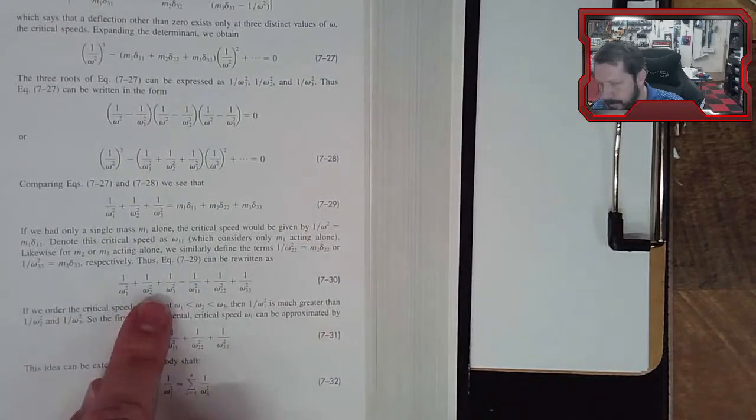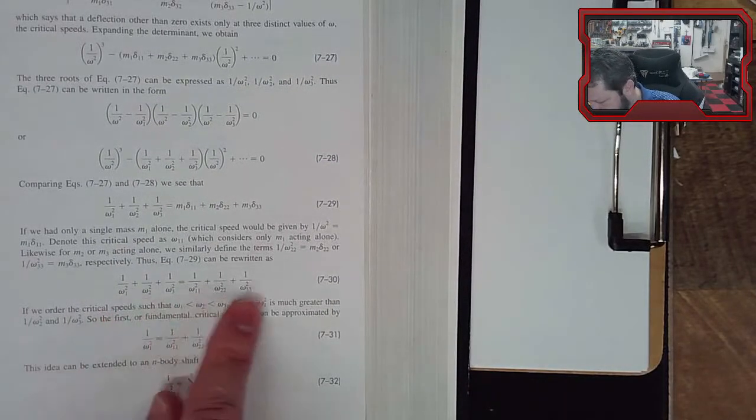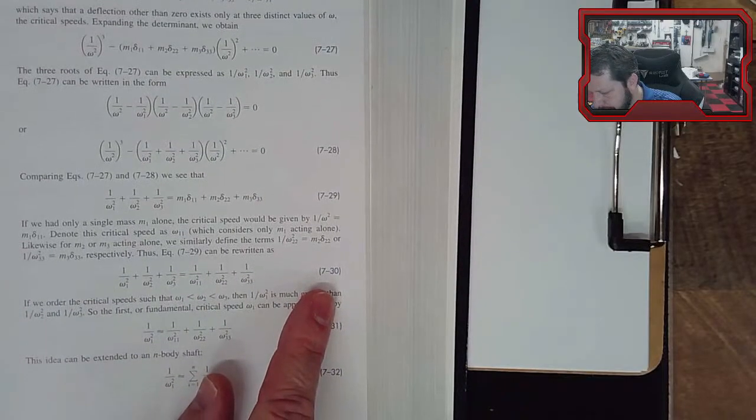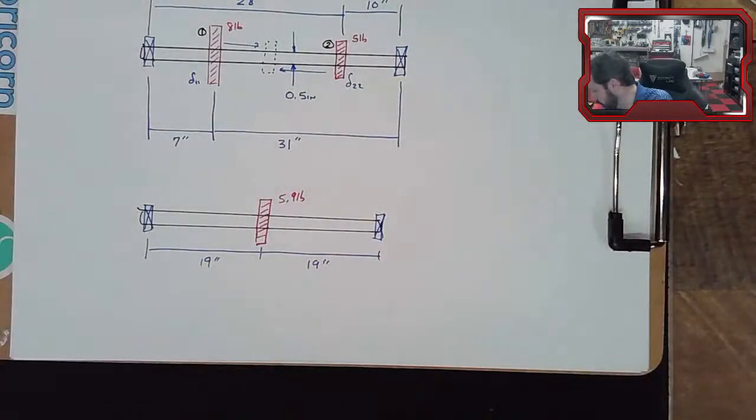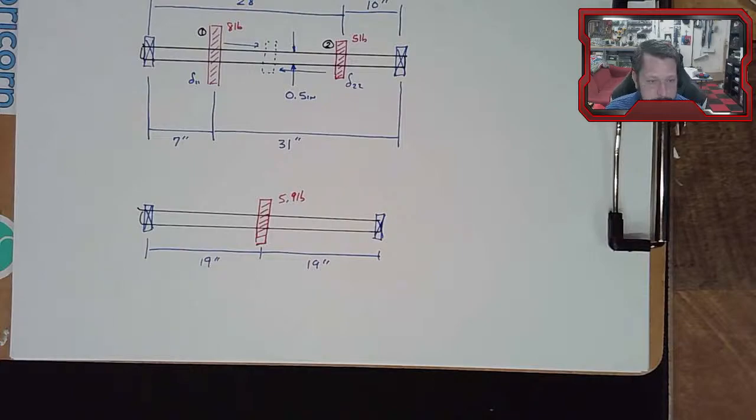Now, they go through equation 7.30, which has all of these here. What it says is that as you get higher and higher terms, you can approximate it with just the first critical speeds.